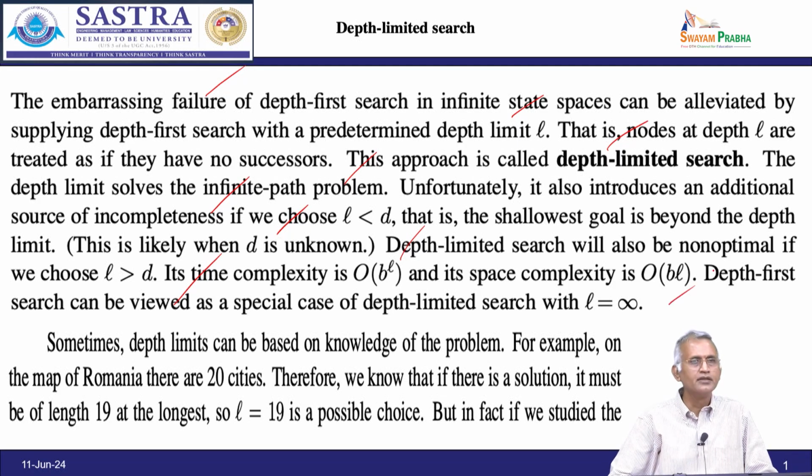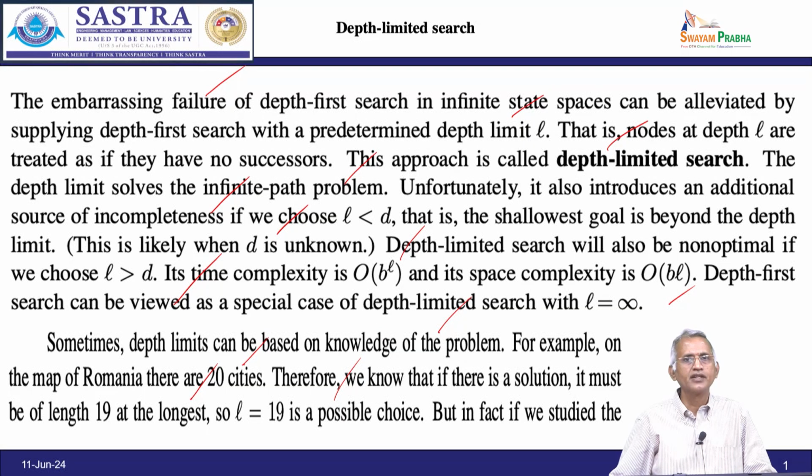Sometimes the depth limits can be based on knowledge of the problem. For example, on the map of Romania there are 20 cities. Therefore, we know that if there is a solution, it must be of length 19 at the longest. So, L equal to 19 is a possible choice.